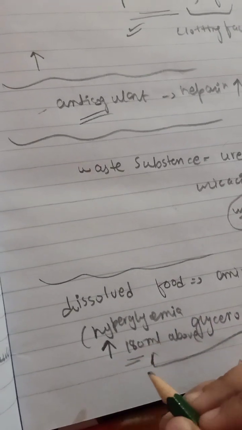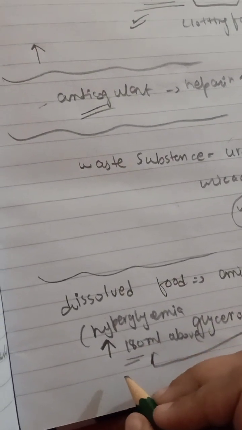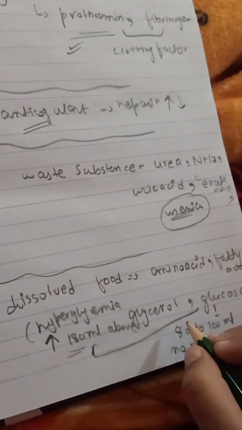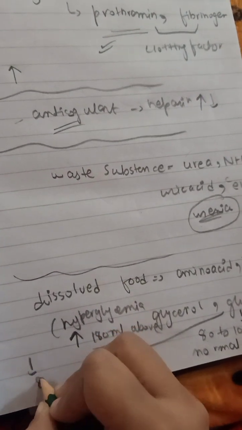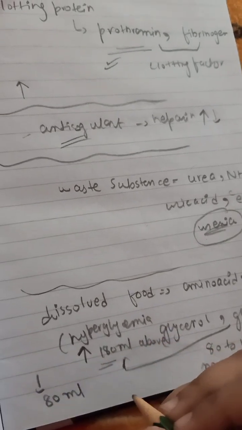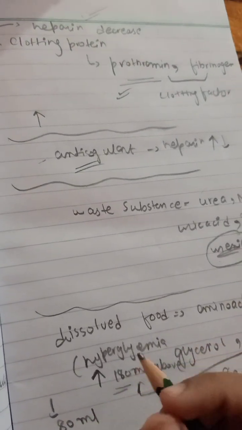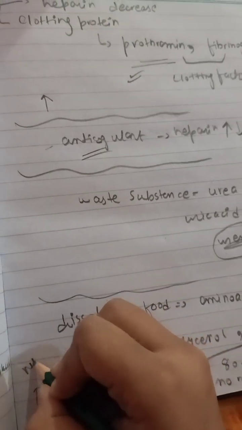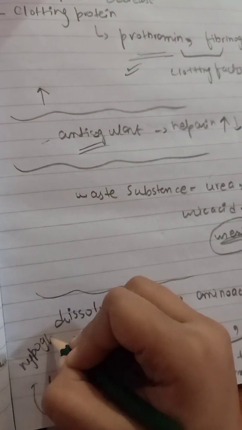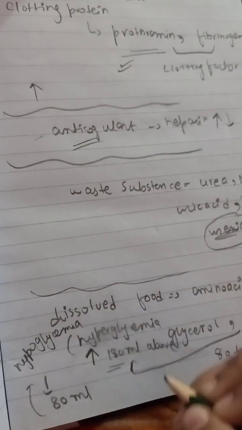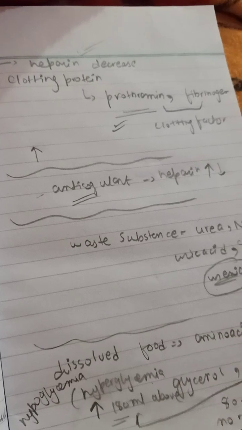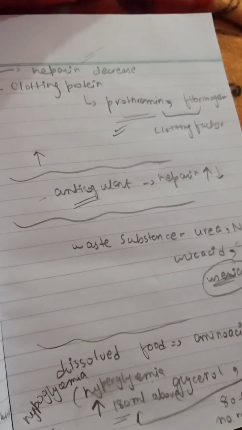When the glucose level decreases below 80 ml, like 70, 60, 50 ml, which means the glucose level is low, that can cause hypoglycemia. Okay, hypoglycemia. This was hyperglycemia, which means an increase of the blood glucose level.